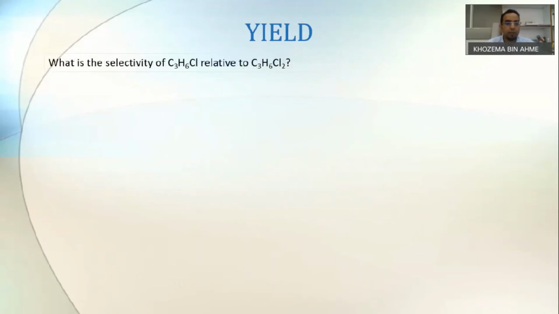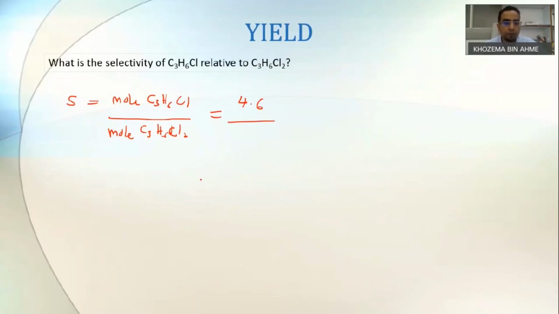The next one is: what is the selectivity of chloropropane relative to dichloropropane? Selectivity is equal to mole of chloropropane divided by the mole of dichloropropane. Simple as that. From equation 1, 4.6 mole of chloropropane is produced.